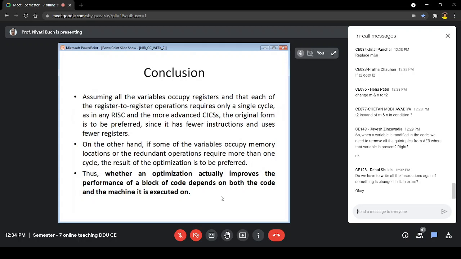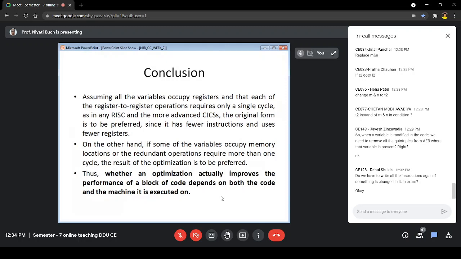But if some of the variables occupy memory locations or redundant operations require more than one cycle, then we will prefer the result of the optimization. So whether this optimization will actually improve the performance on a block of code will depend both on the code and the machine on which it is executed.